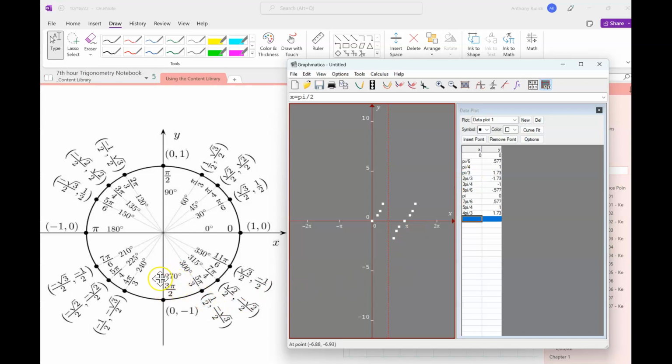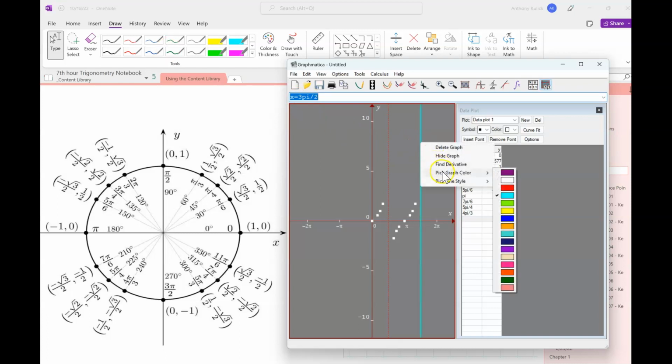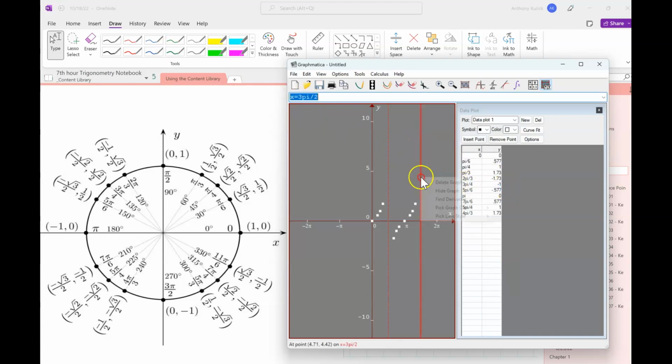And then I'm going to have 3 pi over 2 comma negative 1 over 0. Oh no, another asymptote. Let's just make that red also so it matches. I'll give that a dashed line. And then I'll keep on going.